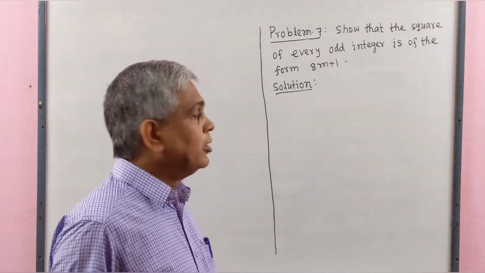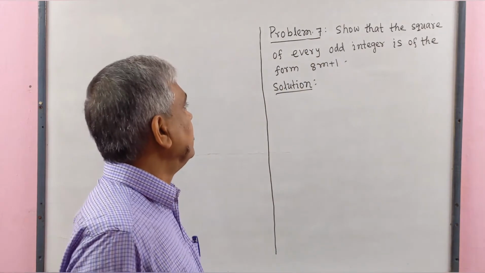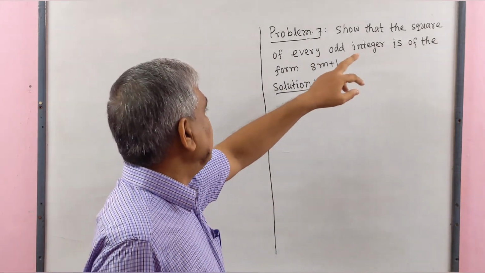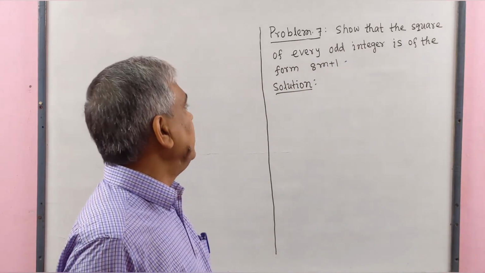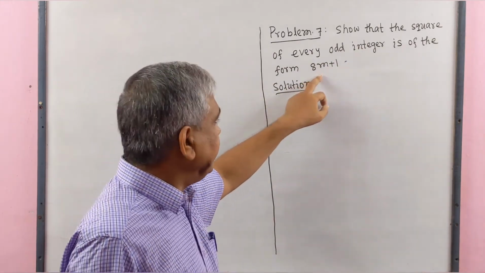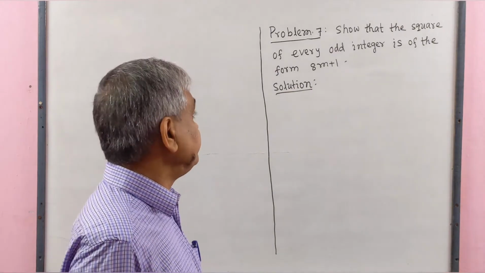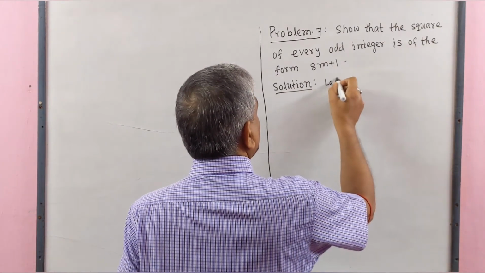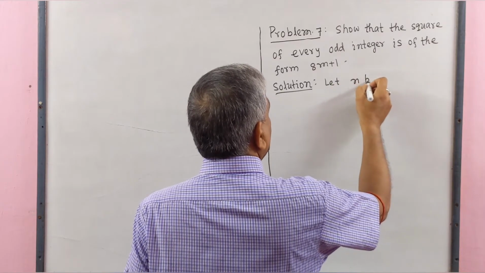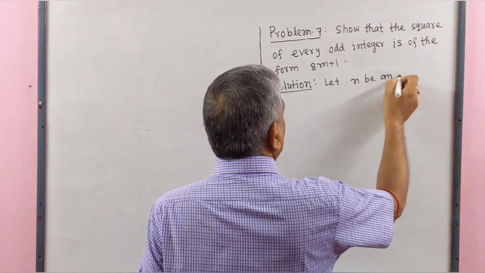Now we solve problem number 7: show that the square of every odd integer is of the form 8m plus 1. Let n be an odd integer.